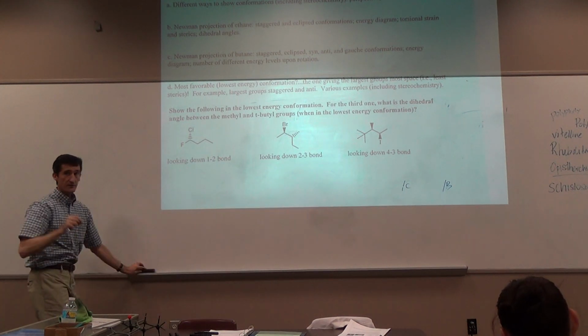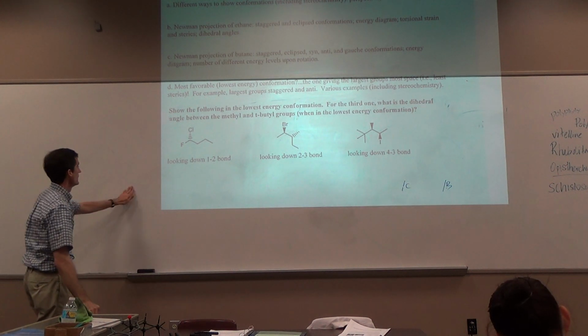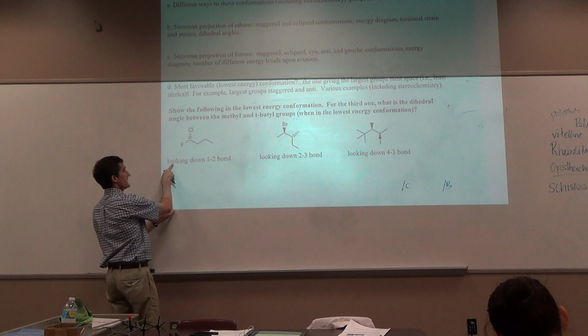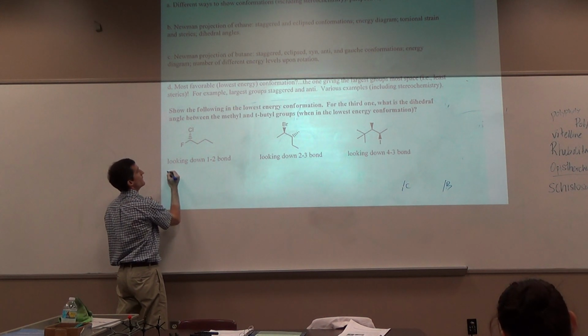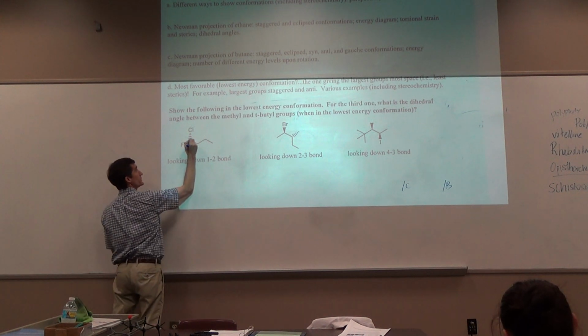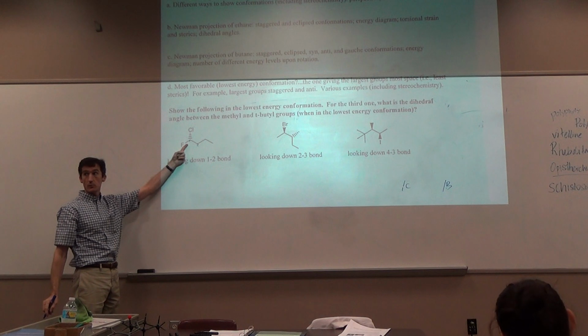Okay, we're going to have to look at these in a particular view. It says here, looking down the 1,2 bond. Where's the 1 carbon? That's from nomenclature. 1 carbon is there, 2 is there. If you named it, that would be the 1 carbon.